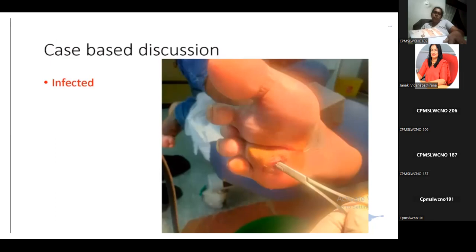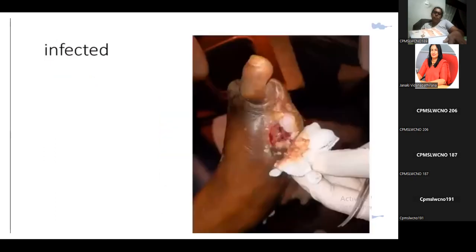This actually was due to a callosity, infected callosity. So again, a pressure point. Get what I mean, no? So again, an infected wound.